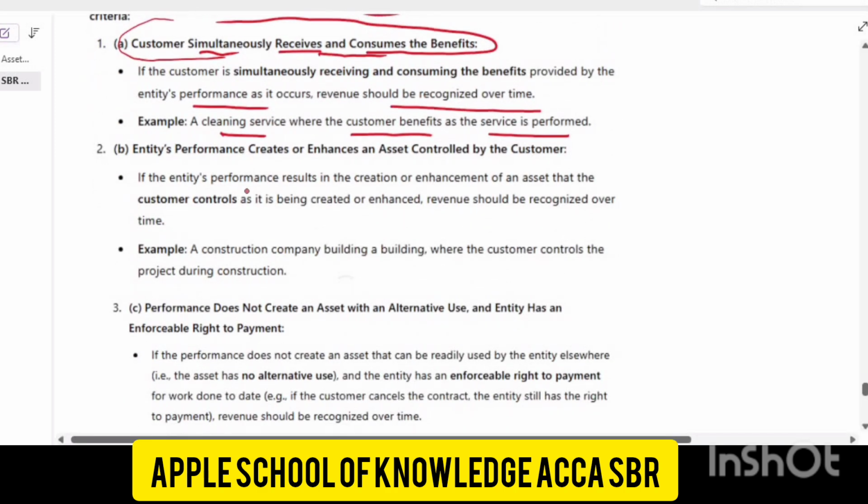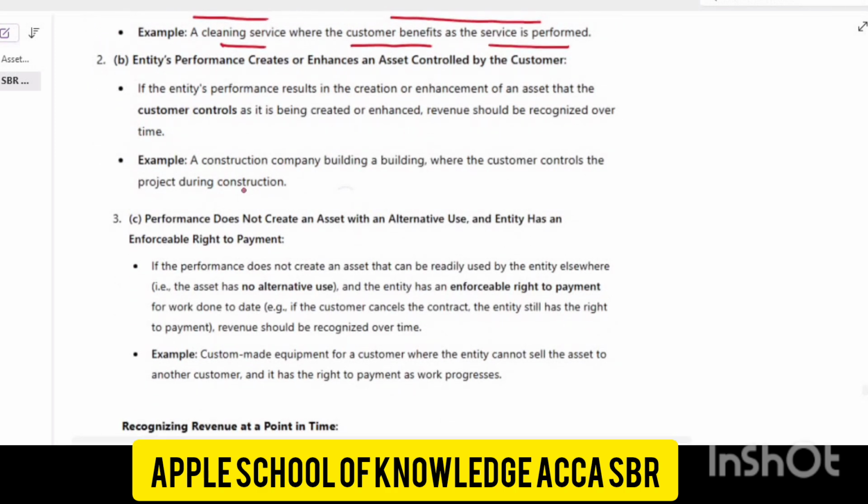Now the second indicator is that the entity's performance creates or enhances an asset controlled by the customer. So if the entity's performance results in the creation or enhancement of an asset that the customer controls as it is being created or enhanced, revenue should be recognized over time.